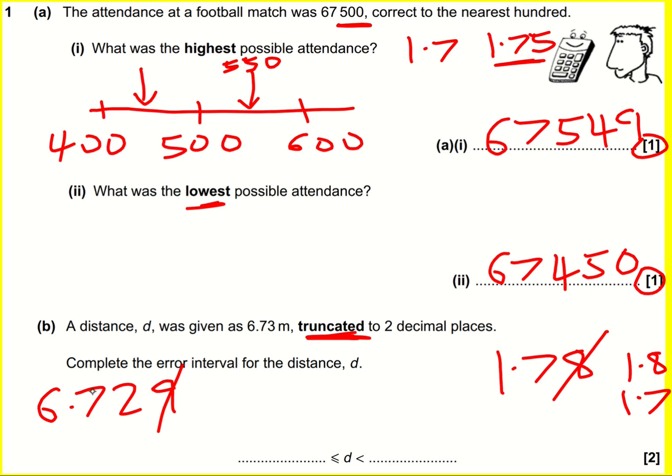So 6.729 is not going to be the smallest one. Actually, the smallest one is going to be 6.73 itself. If I truncate that to two decimal places, I'm going to be left with 6.73. But anything less would become 6.72999 or whatever, and that would just get chopped off and become 6.72.